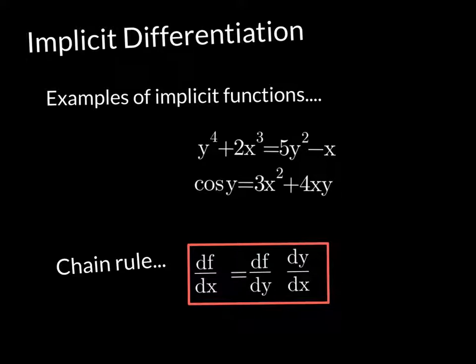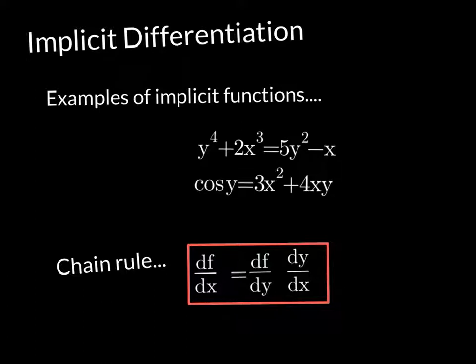So next we're going to look at differentiating implicit functions. So what are implicit functions? Well, there's a couple of examples shown here where we have y to the power of 4 plus 2x cubed, and that's equal to 5y squared minus x. So essentially what happens here is that we can't write y equals blah blah blah in terms of x.